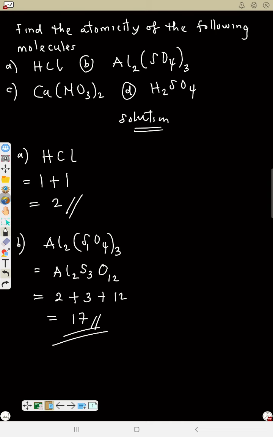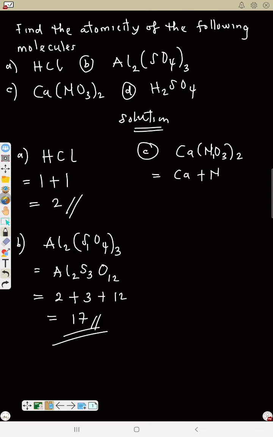So now C, we have calcium nitrate, Ca(NO3)2. Now this is the same thing as Ca plus, now the subscript for N is 1, so we can say 2 times 1, 2.